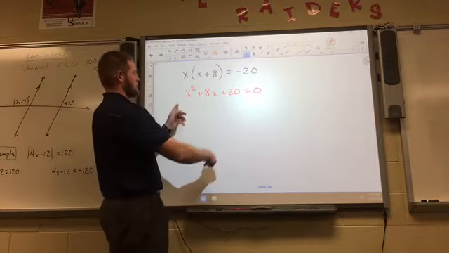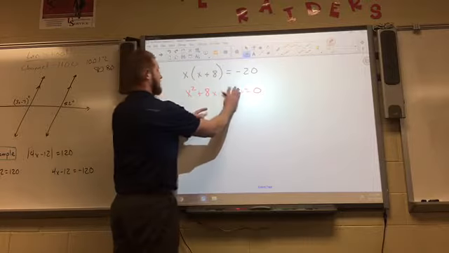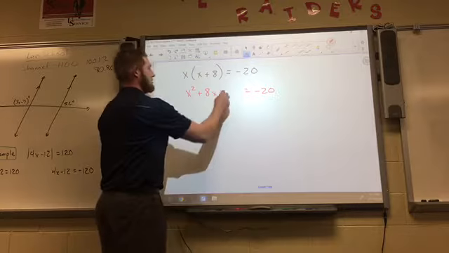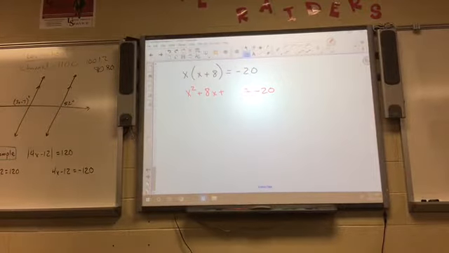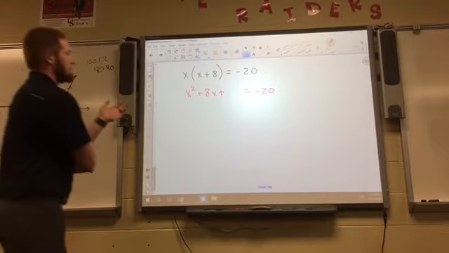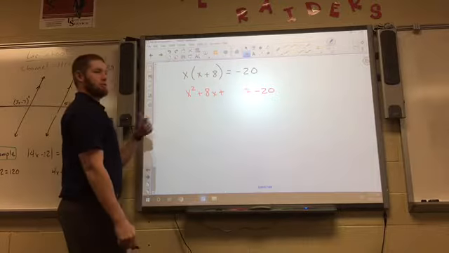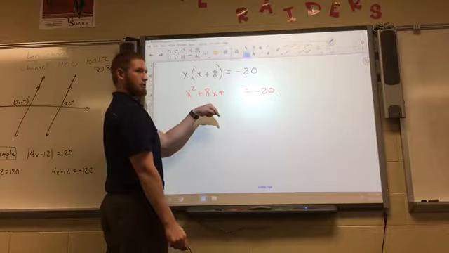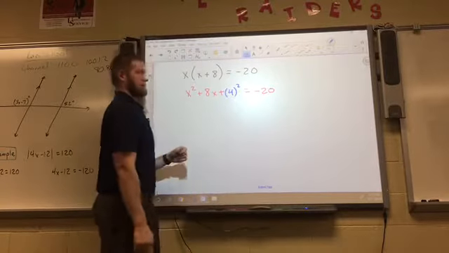Just quickly, anything multiplied to 20 that adds to 8? No. Okay, so I'm going to put the 20 back on the other side where it was. Now we have to fill this in with b over 2 squared, which would be 8 over 2 squared, which is 4 squared, right?